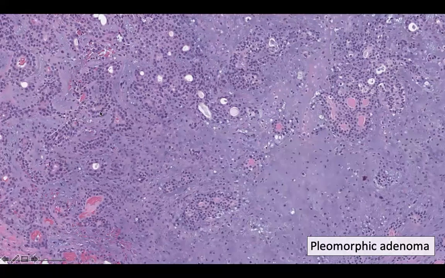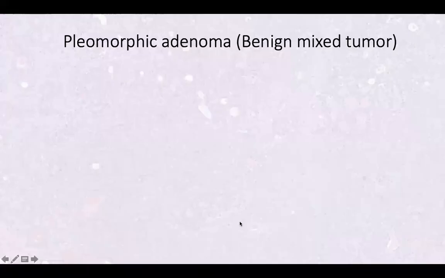So we see ducts, and then we see basal or myoepithelial type cells surrounding them. So it looks like it's a biphasic tumor. And then we do have areas here that are just basically cartilage. It's incredible. They actually are undergoing chondroid metaplasia, and we see cells embedded in them. And these are actually myoepithelial cells here embedded within this matrix material.